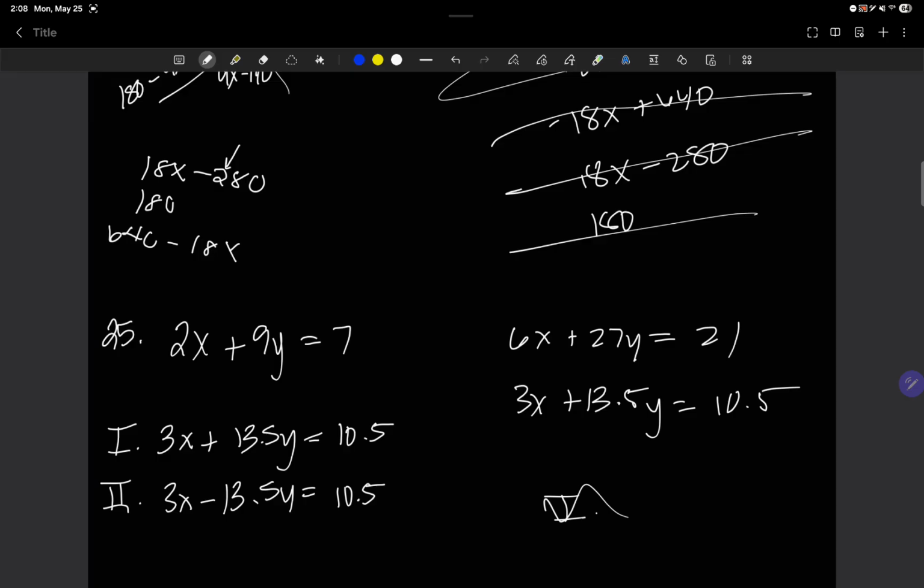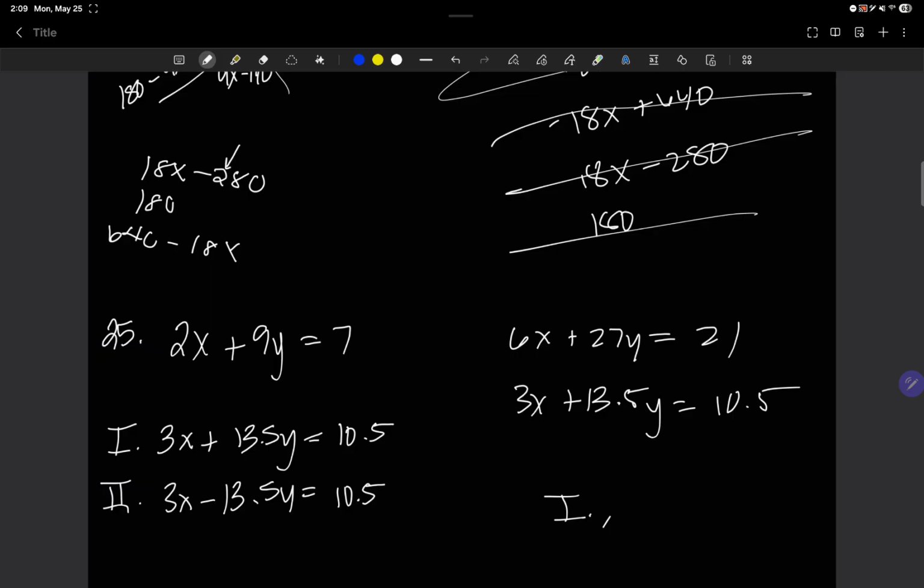It says has at least one solution, so 1 or more. So 1 is definitely a possibility.